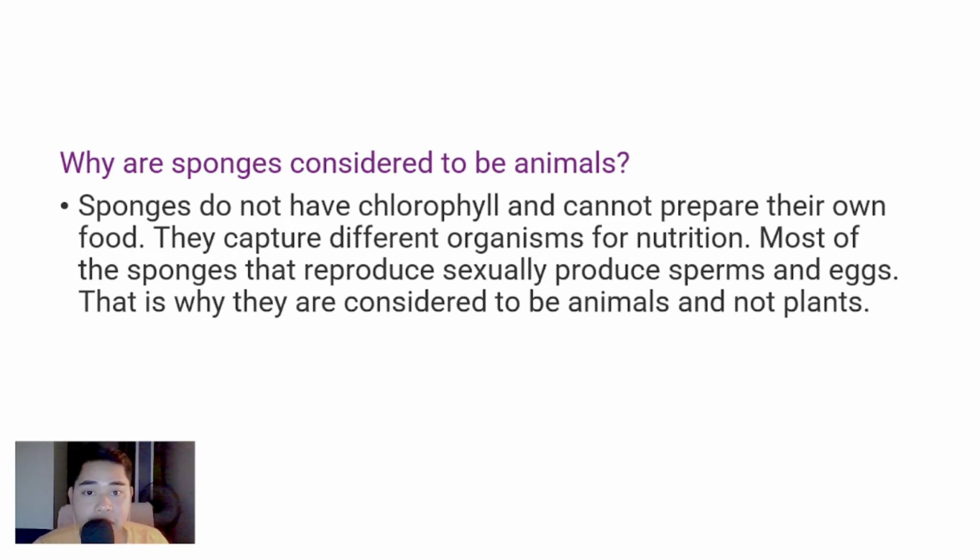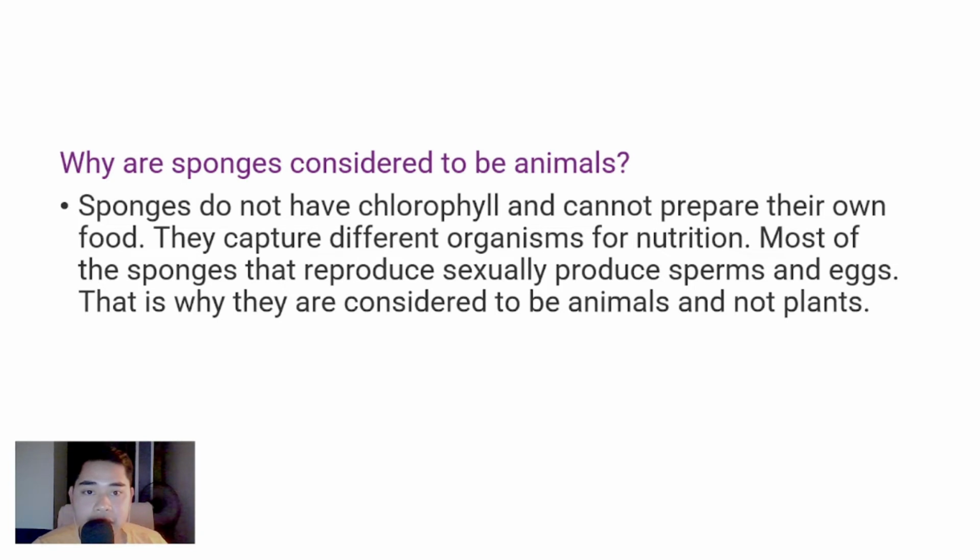They do not have chlorophyll. Chlorophyll is the main component wherein plants, through the process of photosynthesis, get their food or nutrition from sunlight. Sea sponges do not have that. Hence, they are considered animals and cannot prepare their own food.